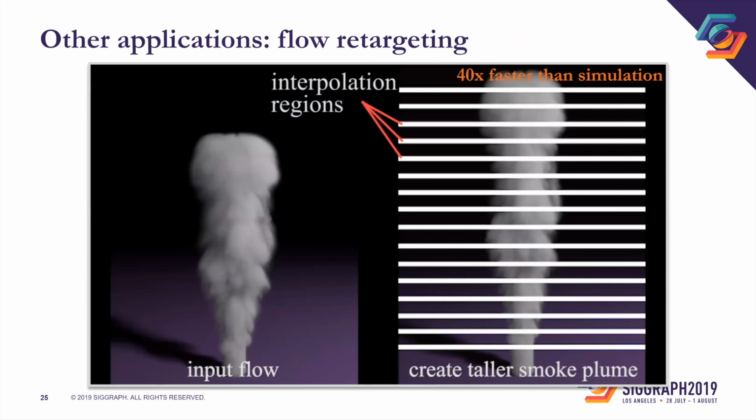And the next one, in this case, we have a single input velocity field, this one, and we want to make the smoke taller by inserting the interpolation regions horizontally, as shown in this figure. Let's see the result.